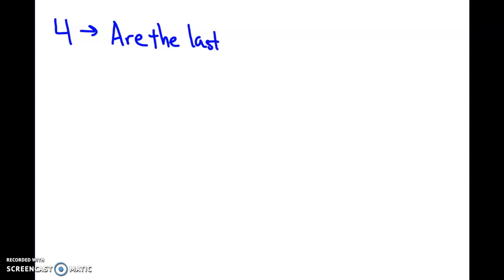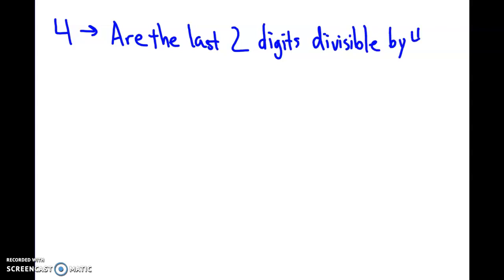Now, if we're talking about numbers less than 100, it's kind of easy to determine whether or not it's divisible by 4. We know that 66 is not divisible by 4, because those last two digits are not.